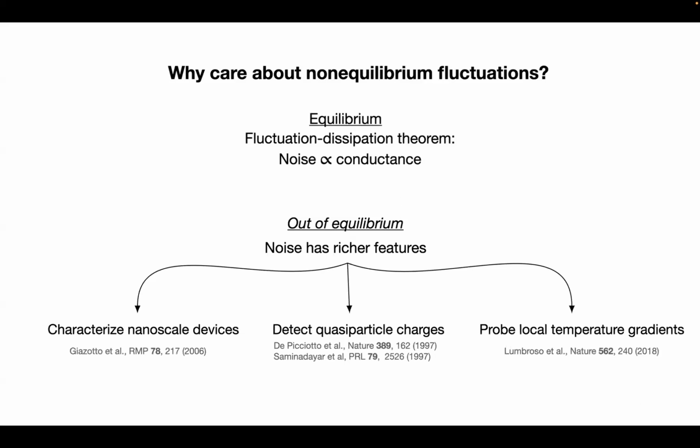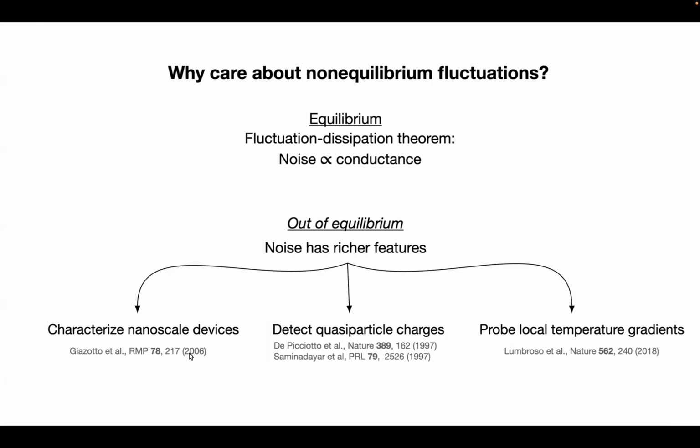Whereas when you go out of equilibrium, the noise has all sorts of richer features. I put here 3 examples. You can use the noise to characterize nanoscale devices. For example, this review discusses all sorts of properties, and in particular, how you can use noise measurements to make thermometers, to probe the temperature of your electronic sample inside a cryostat.